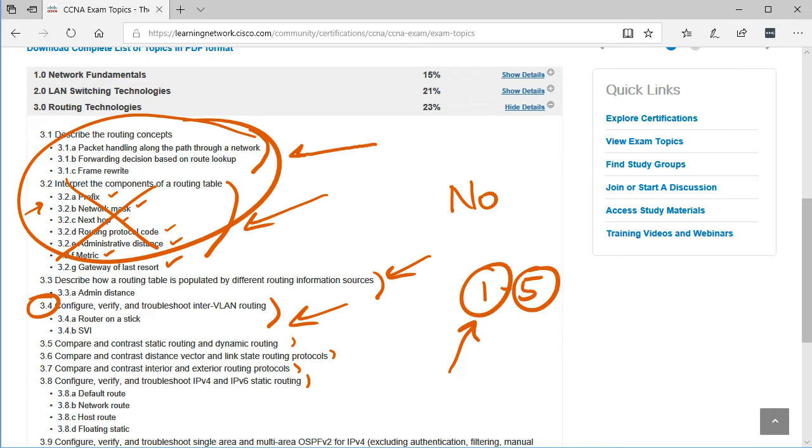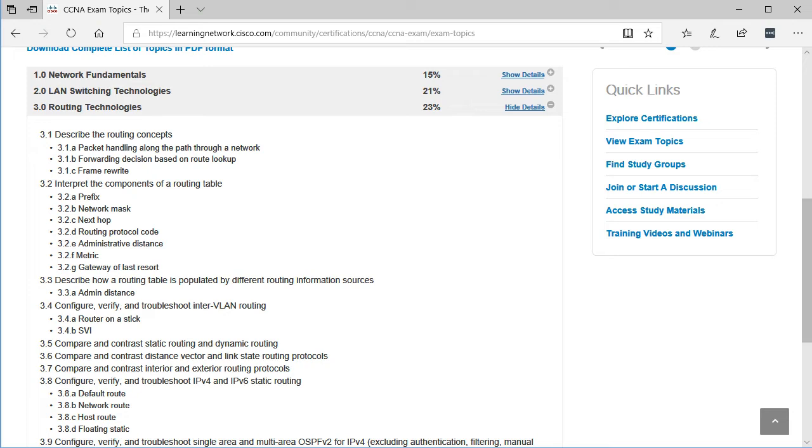Something else that I want to point out to you that's very important when you're looking at the objectives is notice this one says we're describing admin distance. This one says we're interpreting the components of the routing table. Here we're describing again. So this is theoretical. This is often presented to us in the exam environment as multiple choice. But notice this one has very different language.